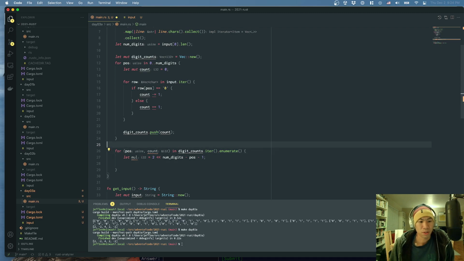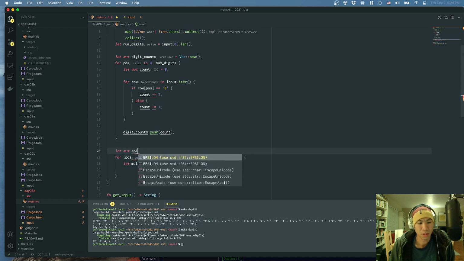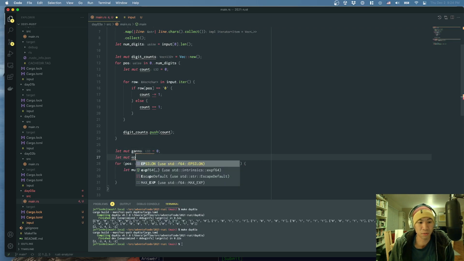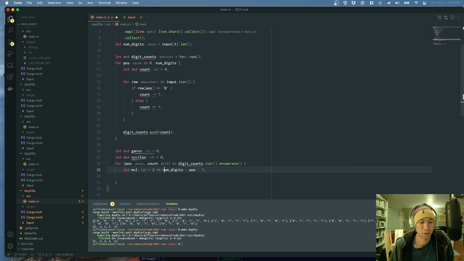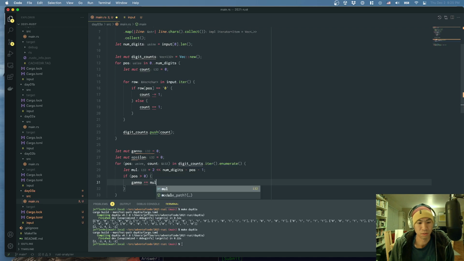And we're going to have let mut gamma start off as 0, and let mut epsilon start off as 0. And if the count is greater than 0, that means gamma will have 1 in that position. So we basically want to do gamma plus equals the multiplier.